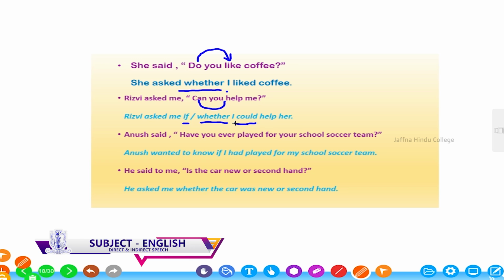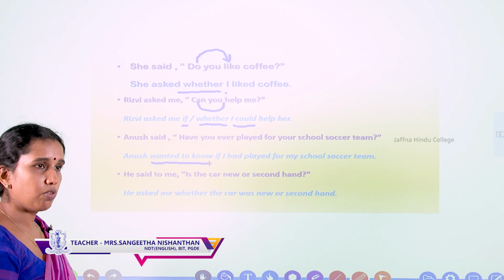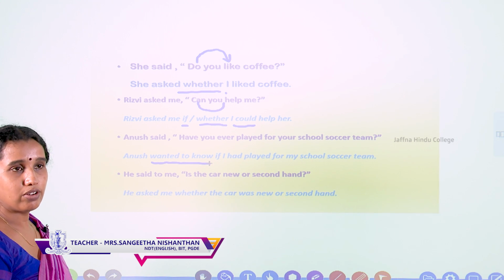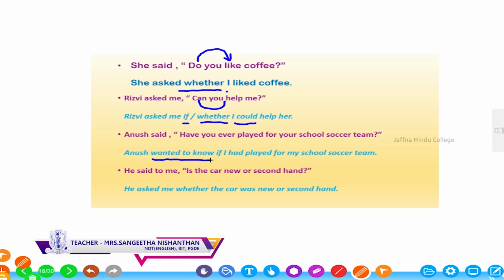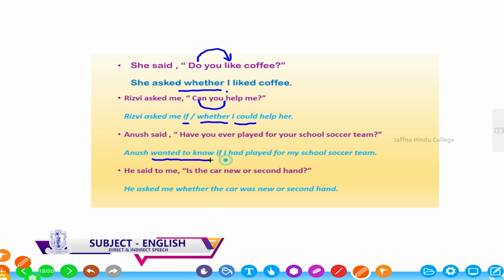Next one, Anush said, have you ever played for your school soccer team? Here we used a different reporting verb, wanted to know. We can use that also because he is getting some information from me. So I can use wanted to know. Anush wanted to know. We can use if or whether here. We use if commonly.